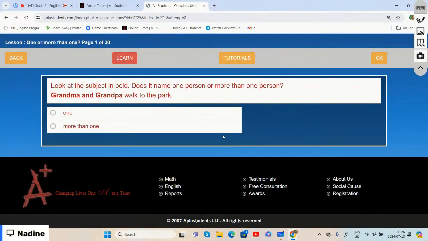All right. So if we look at this sentence, it says grandma and grandpa walk to the park. We need to look at the subject, which is grandma and grandpa. So now, does it name one person or more than one person?